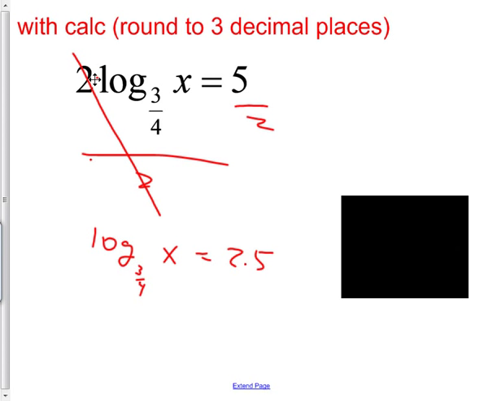Type it into your free response app and send it to me. Remember, 3 decimal places. We're going to find out quickly who can round and who can't.